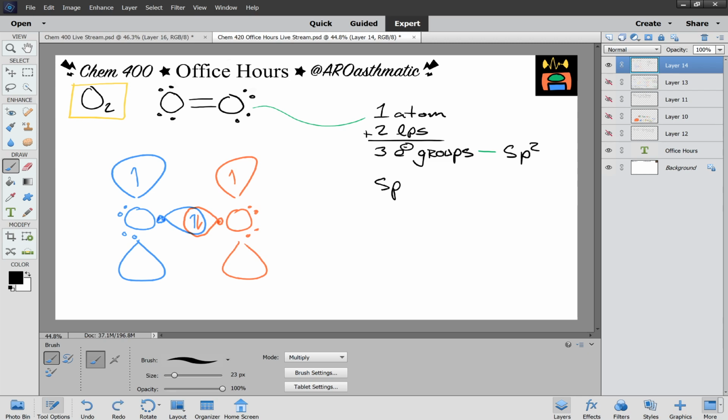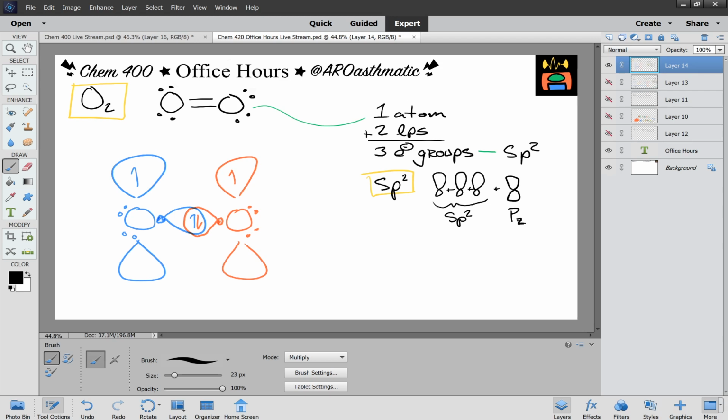Whenever you're sp2 hybridized, it means that you have made 3 new hybrid orbitals out of 1 s and 2 p's. You've got your 3 sp2 hybrids, but you also have 1 unhybridized p orbital, and that's pz.